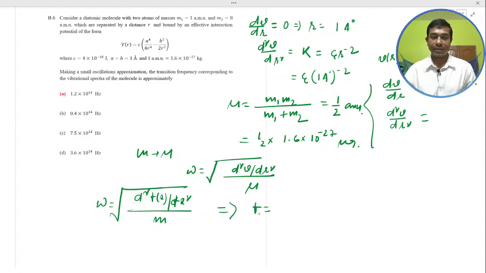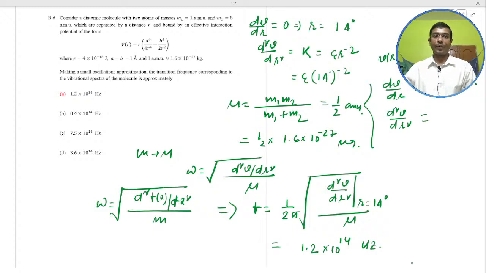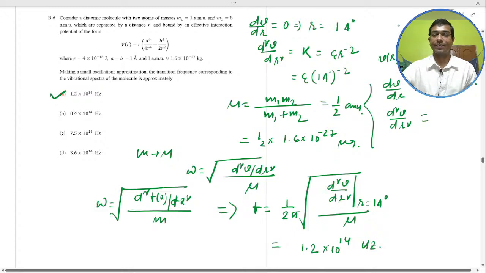That means the frequency is 1 by 2 pi square root of d square V by dr square at the point r equal to 1 Angstrom. This is coming from classical mechanics small oscillation. Put this value, you would get 1.2 into 10 to the power 14 hertz. A would be the correct answer.